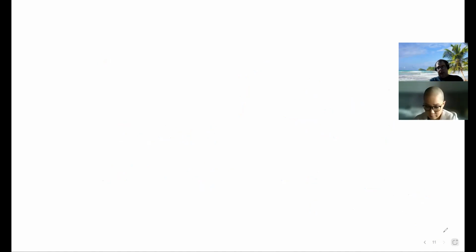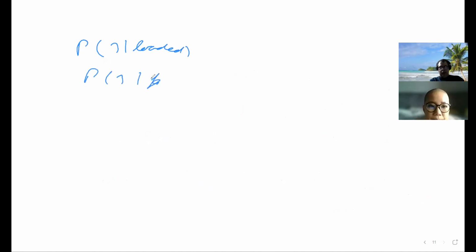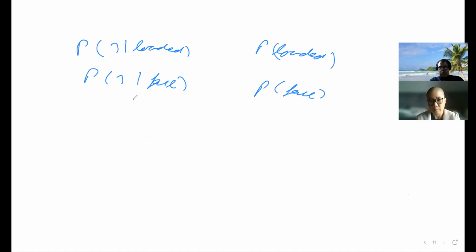So what have we actually done? We were given in the question P3 given loaded and P3 given fair. We also know P loaded and P fair, which is the prior probability. This is additional information.